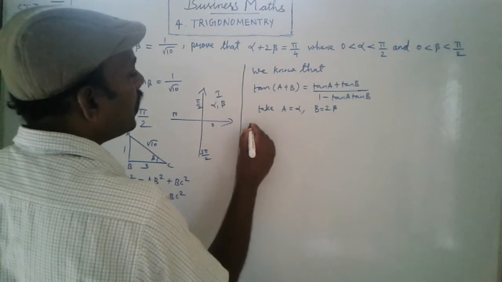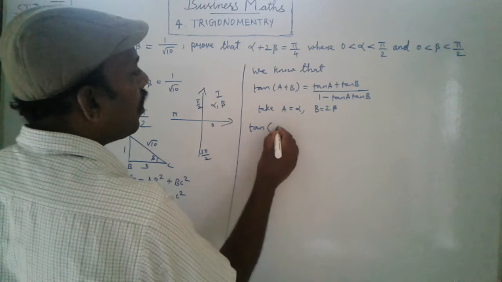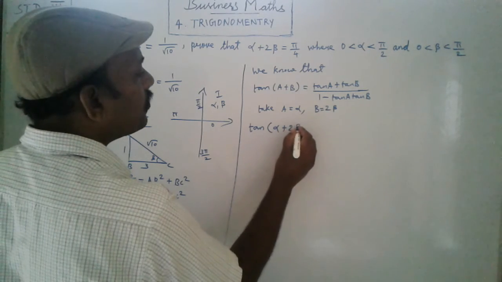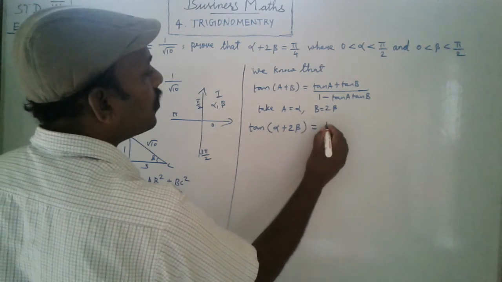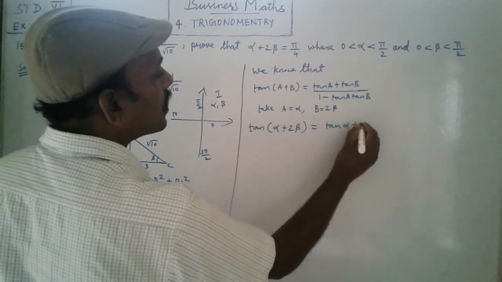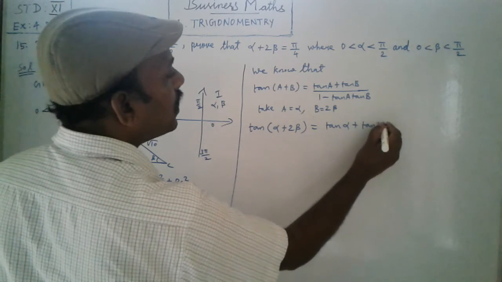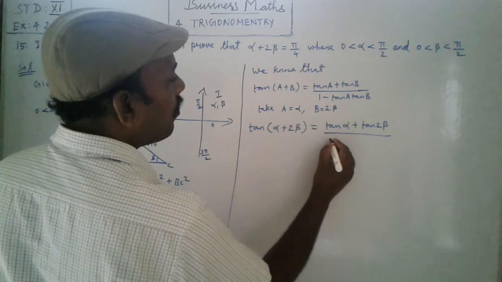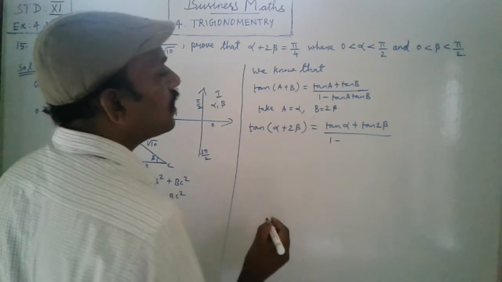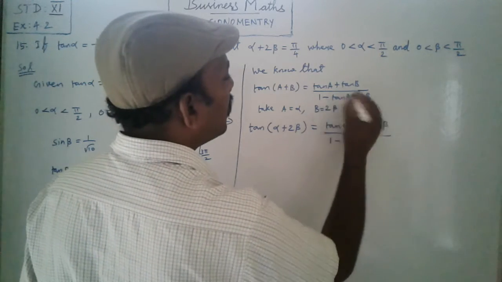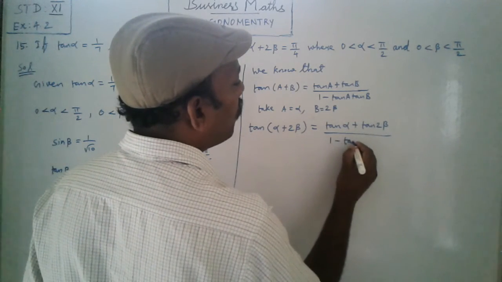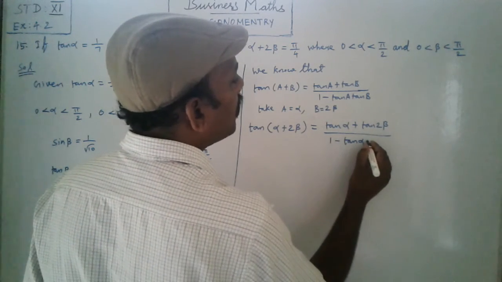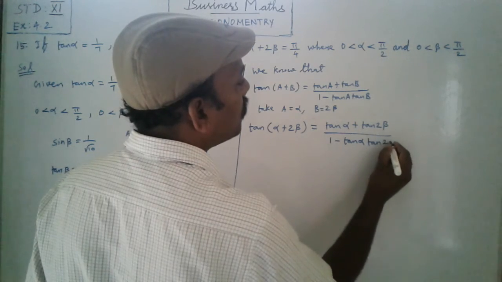So substitute here: tan of alpha plus 2 beta equal to tan alpha plus tan 2 beta divided by 1 minus tan alpha into tan 2 beta.